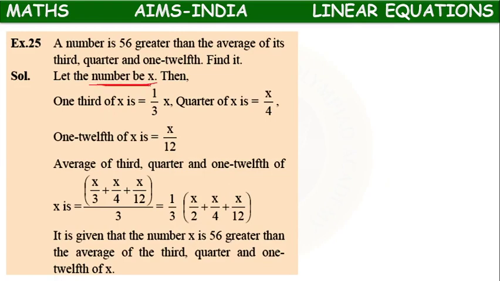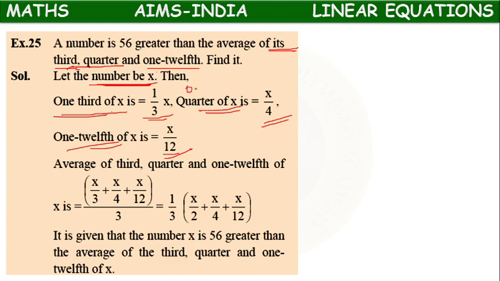So let the number be x. Its third means 1/3 of x, that is x by 3. A quarter of x, x by 4. 1/12 of x, x by 12.